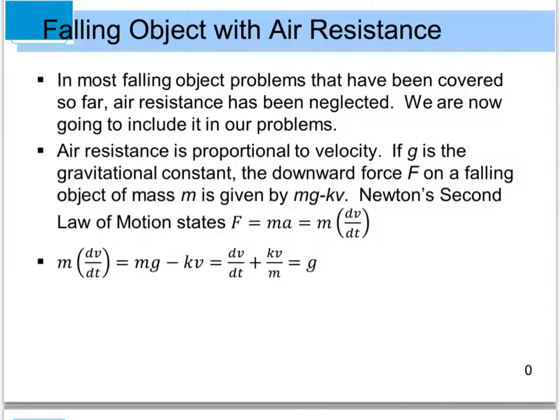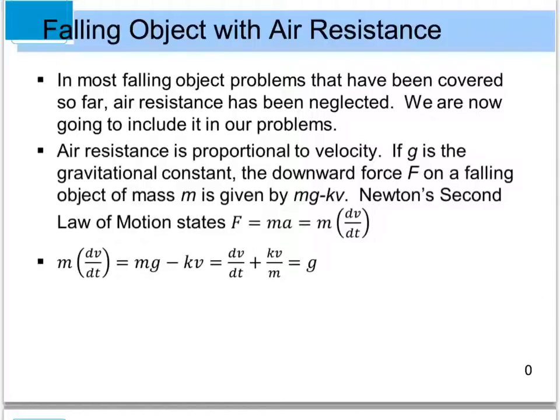Now we're going to look at the applications. Right now we're going to look at the falling object model with air resistance. So far in all of the problems that we've done that have dealt with falling objects, we have neglected the air resistance. We haven't even recognized it as being a factor in the problem. Now we're going to include it.